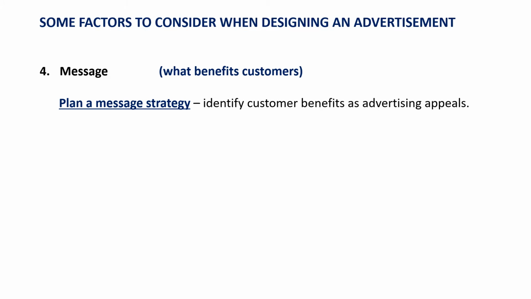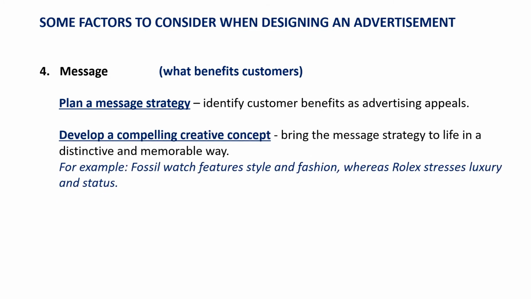Decide what general message will be communicated to consumers by identifying customer benefits that can be used as advertising appeals. Develop a compelling creative concept or big idea. Bring the message strategy to life in a distinctive and memorable way. For example, Fossil watch has featured style and fashion, whereas Rolex stresses luxury and status.